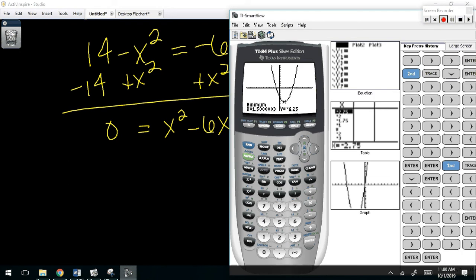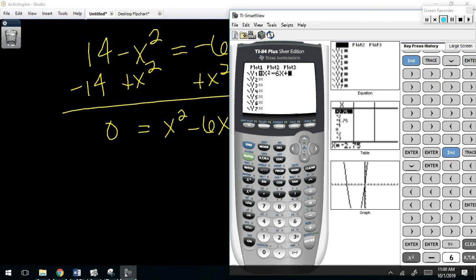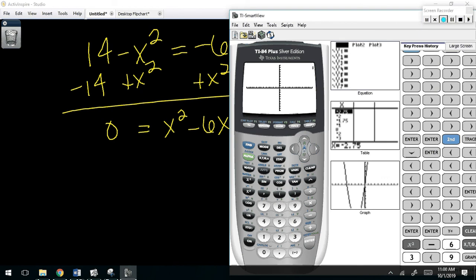So I need to graph. How'd I just what? I hit over to the left. Typed over it.